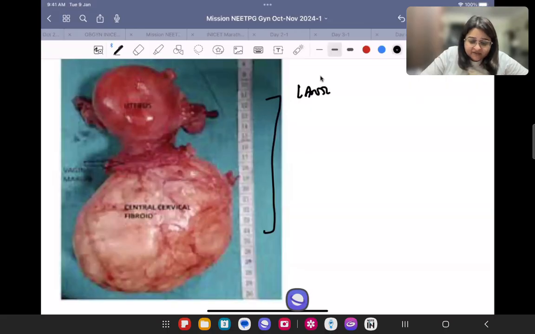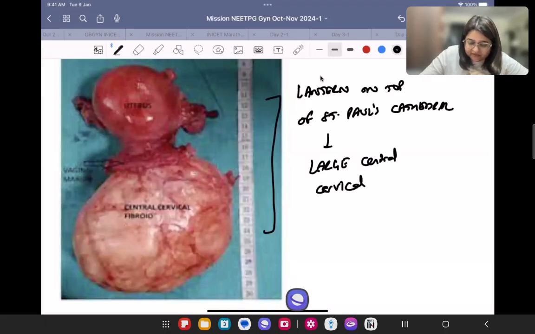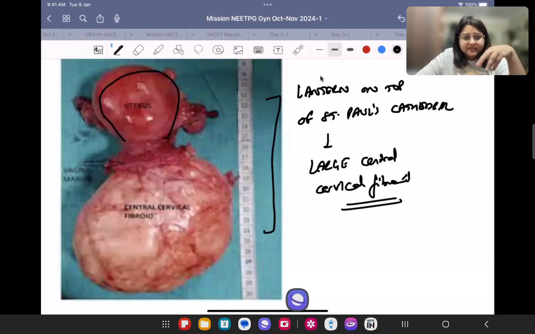Yes, lantern on top of St. Paul's Cathedral is used to describe a large central cervical fibroid. ठीक है, ये this is the lantern, छोटा सा uterus sitting on a large cervical fibroid. It's just a term, lantern on top of St. Paul's Cathedral.